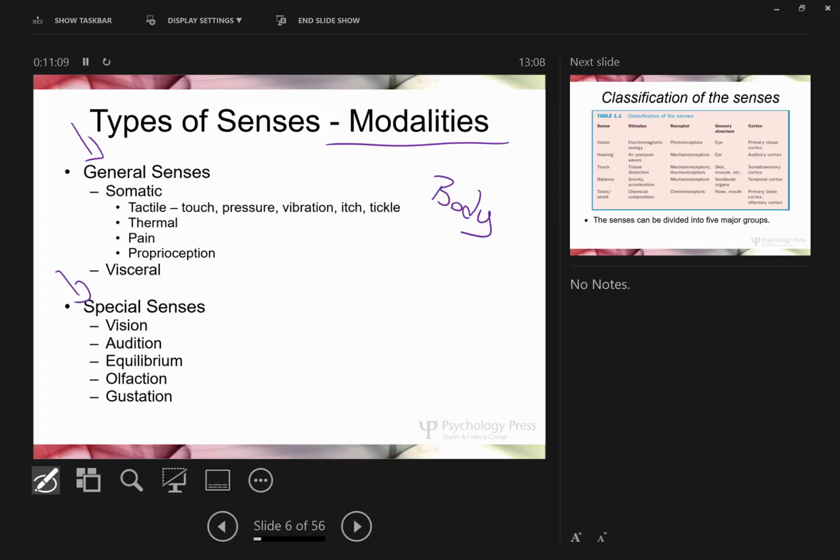Somatic senses, these are things like pain, hot and cold, touch, pressure, vibration, tickle, itch, and then proprioception and kinesthesis, right? So this is what's your body doing when it's at rest, and then what's your body doing while it's moving, right? How many of you are aware of where your feet are? But how many of you are actually looking at your feet?